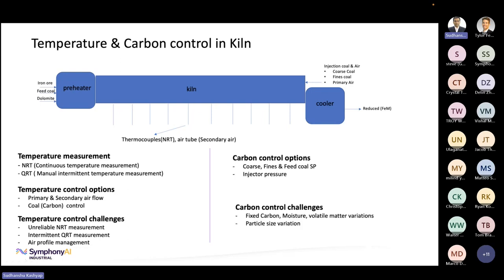The challenges with carbon control are variation in the coal fed to the kiln, as very often the fixed carbon, moisture, and volatile matter keep changing. Another problem is particle size variation. The coarse and fines particle size distribution changes, and that impacts the distribution at the rear end of the kiln. We'll also look into how AI could help mitigate some of these problems.